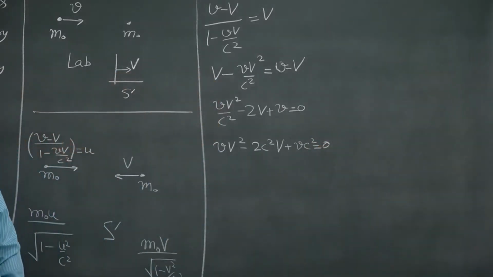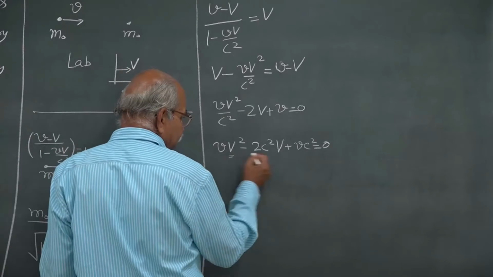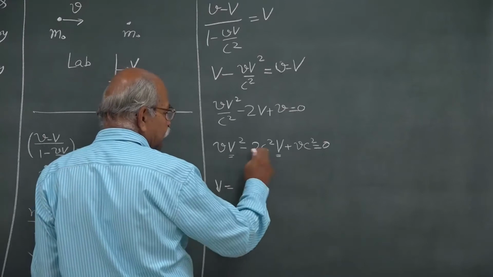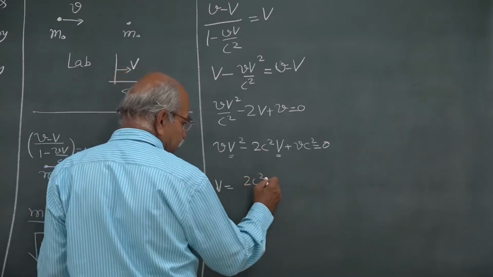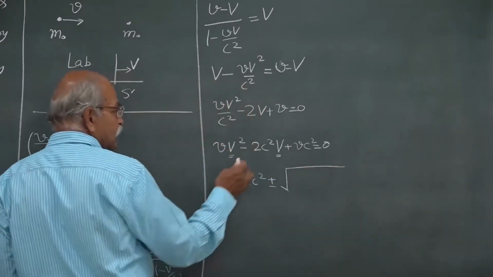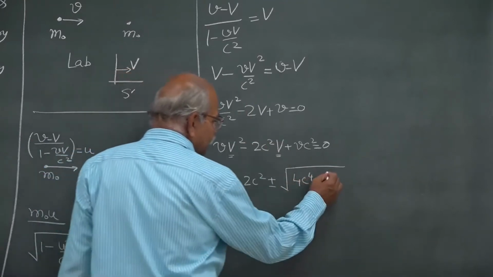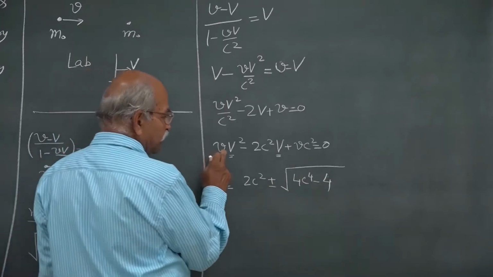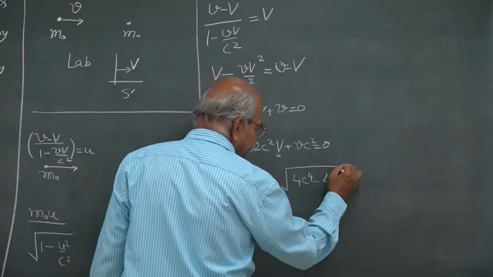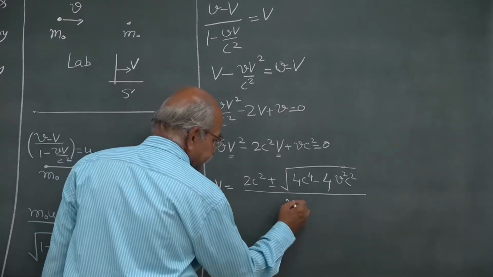So, I can use my class 10th, class 9th algebra. This capital V I have to find. So, capital V is equal to minus b, that is 2c square, plus and minus the square root of b square minus 4ac. b square is 4 times c to the 4, and minus 4 times a into c. a is small v and c is v c square, so it is v square c square, and divided by 2a, so it is 2v.